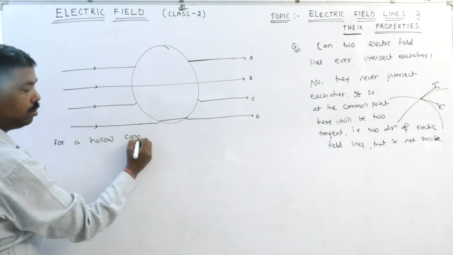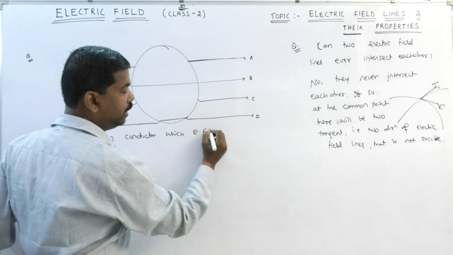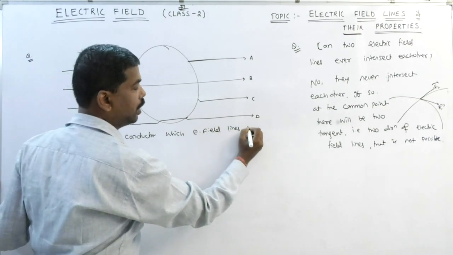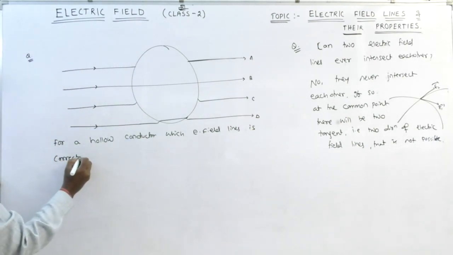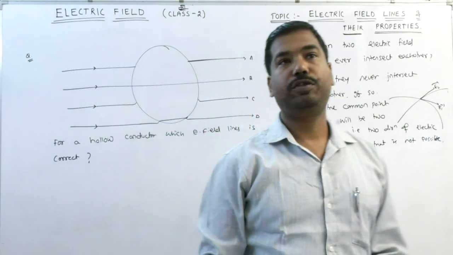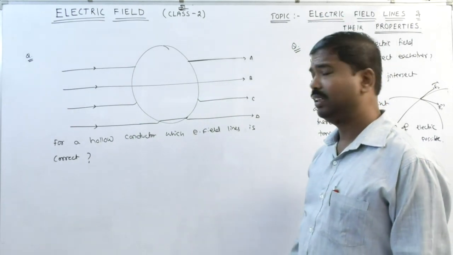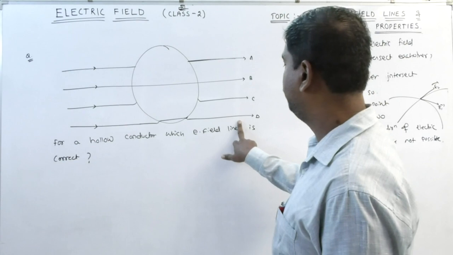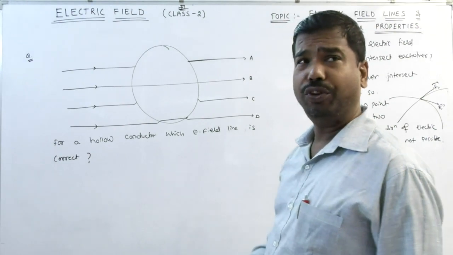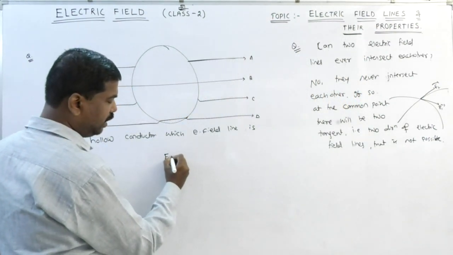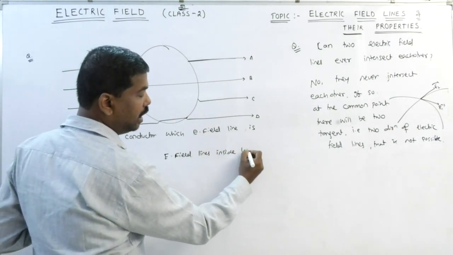For a hollow conductor, which electric field lines are correct? Listen carefully. For a hollow conductor, which electric field lines are correct? Here four electric lines of force are shown. We have to know the electric field lines inside a hollow conductor.